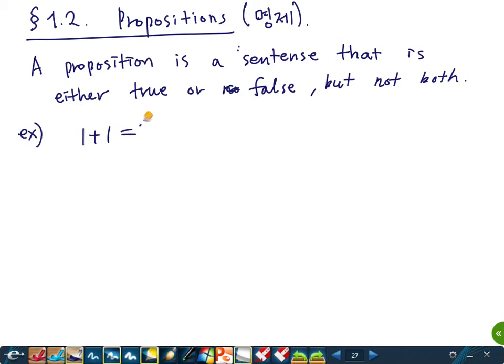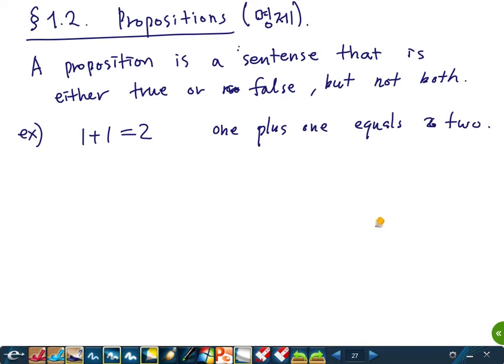1 plus 1 equals 2. Is this a proposition? Is this a sentence, by the way? Maybe some people say, oh, it's not even a sentence, it's an equation, so it's not a proposition. Yeah, it is a sentence. It says 1 plus 1 equals 2.